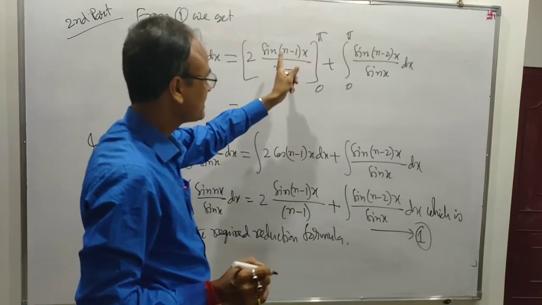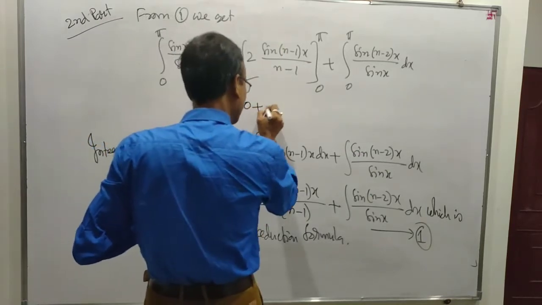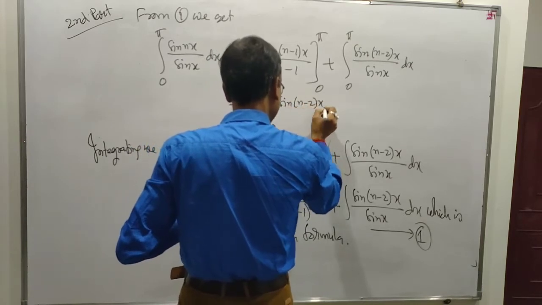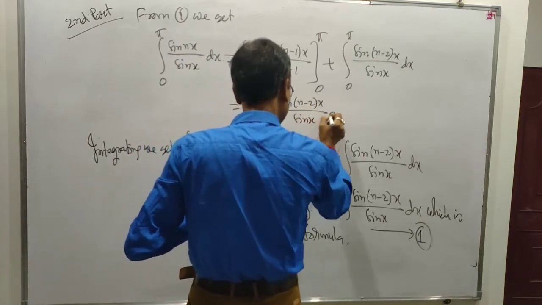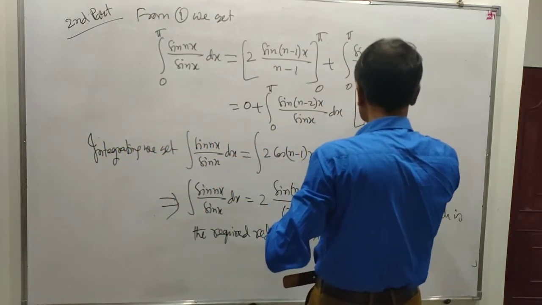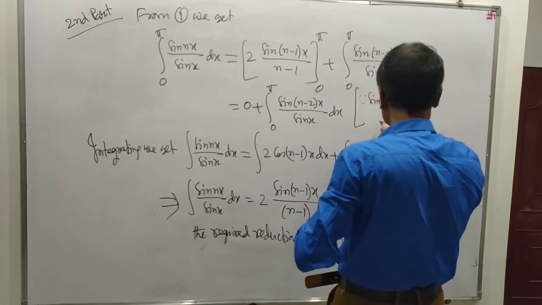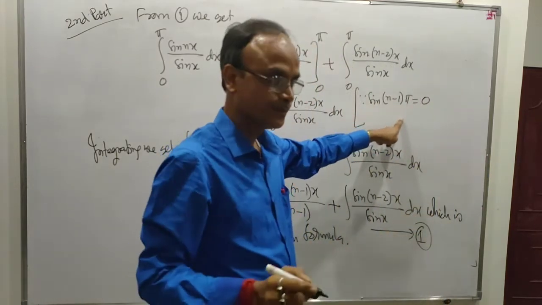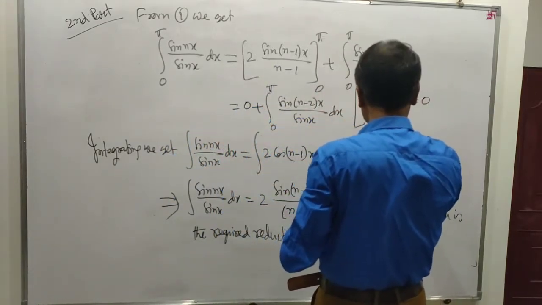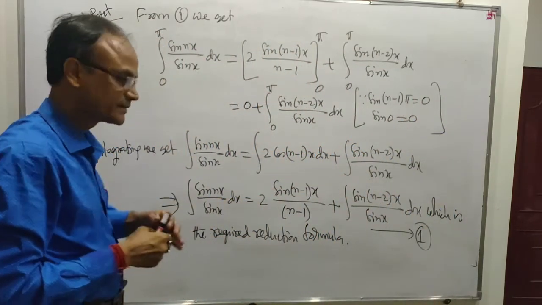If you put pi here, sin (n minus 1)pi equals 0, and also sin 0 equals 0. So we get 0 plus the integral from 0 to pi of sin (n minus 2)x divided by sin x dx.